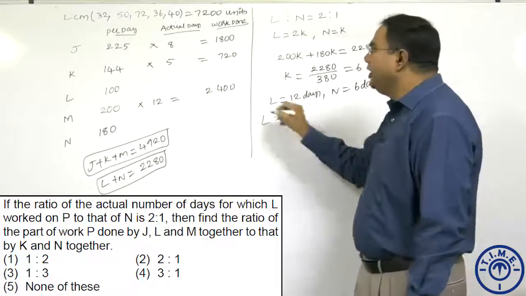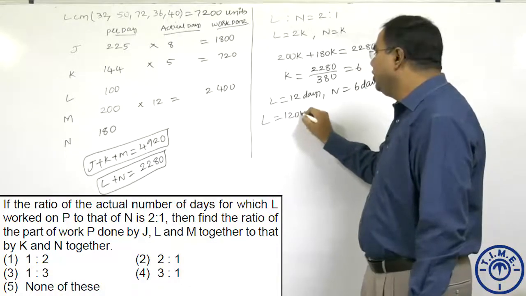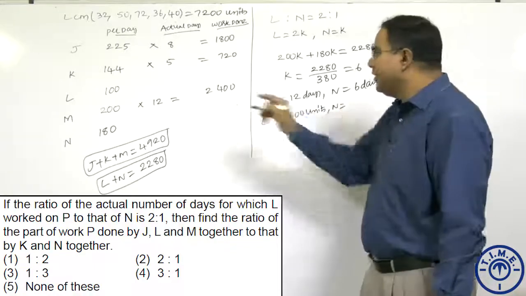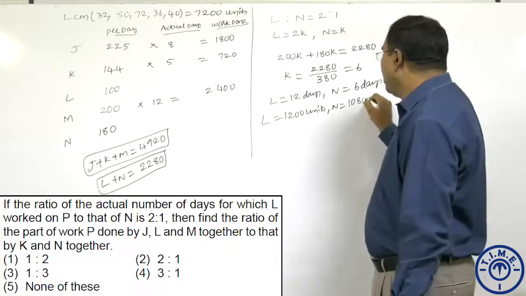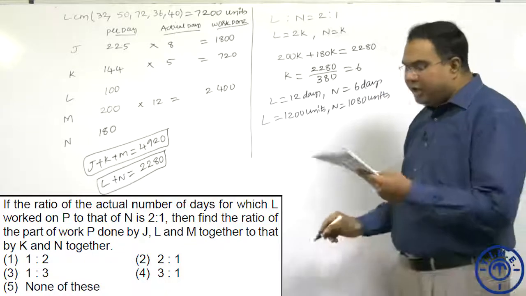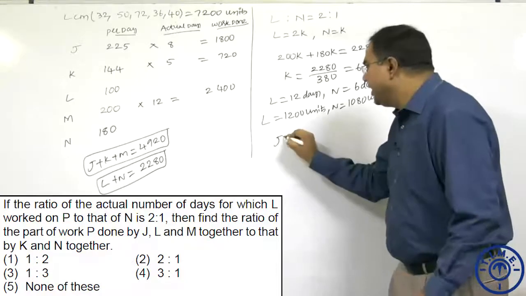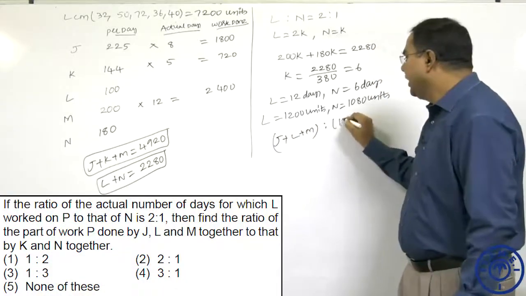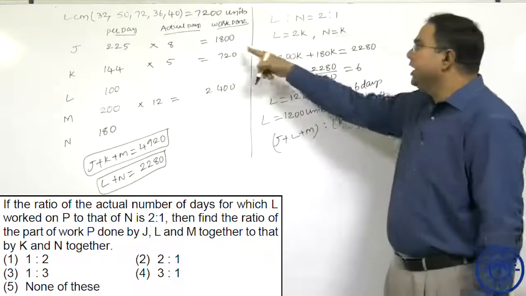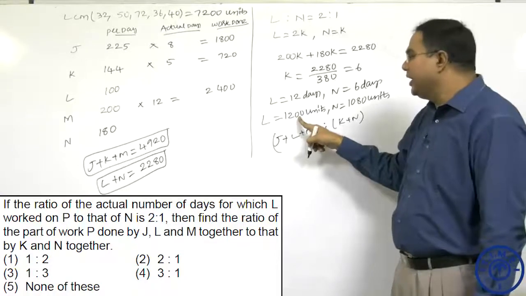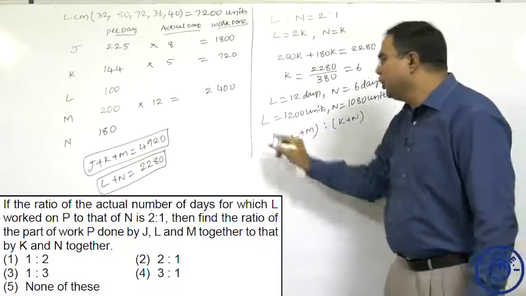Now, one day L will do 100 units, 12 days L will do 1200 units. Similarly, N works for 6 days, 1 day 180, 180 into 6, 1080 units. Now, the ratio of work done by J, L and M is to the work done by K and N. J is doing 1800, L is doing 1200, 1800 plus 1200, 3000 plus M is doing 2400.